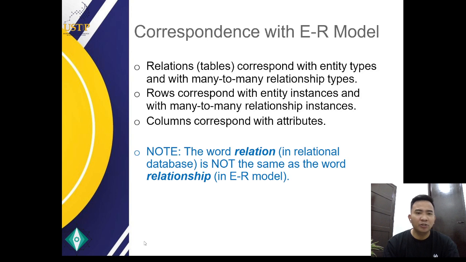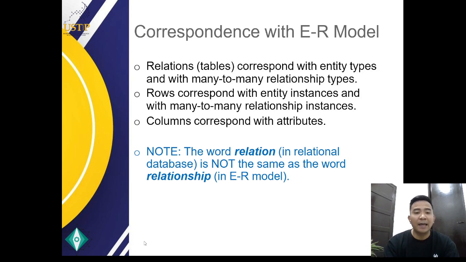We also have relations and many-to-many relationships. Many-to-many relationships in an ER model are typically represented as separate relations in a relational database. This is because many-to-many relationships involve two or more entities that can have multiple instances associated with each other.